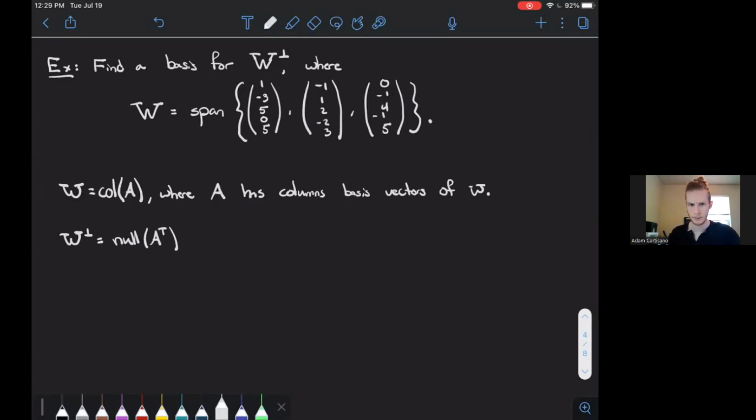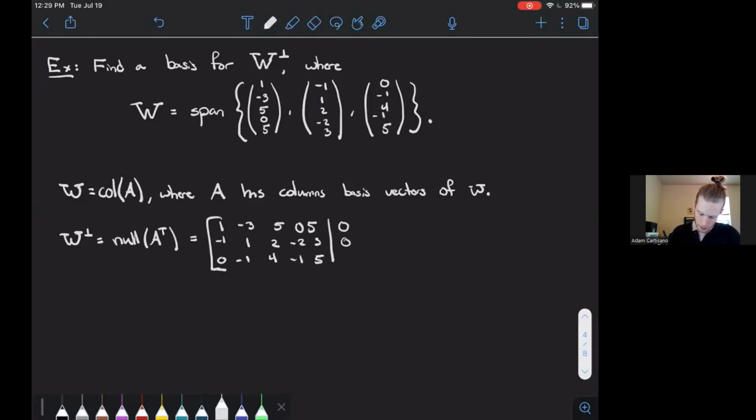Some 5x3 matrix, or rather, the 3x5 matrix. Let's write it down. 1, -3, 5, 0, 5; -1, 1, 2, -2, 3; 0, -1, 4, -1, 5.